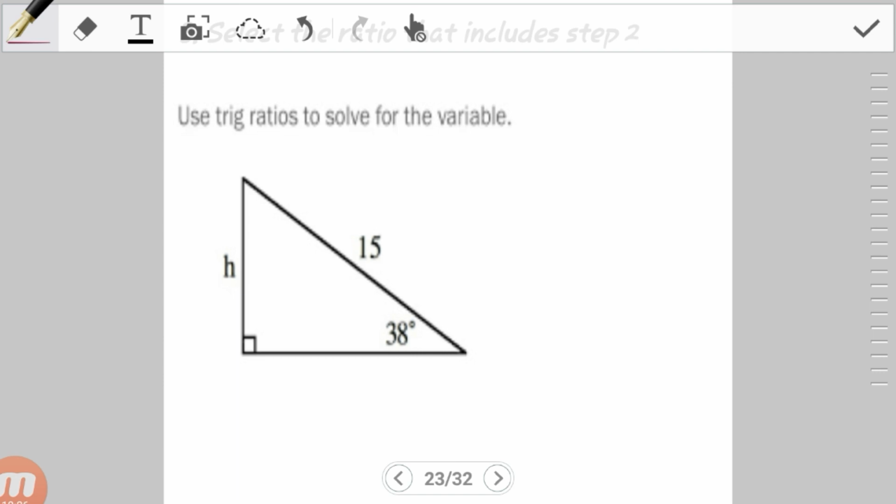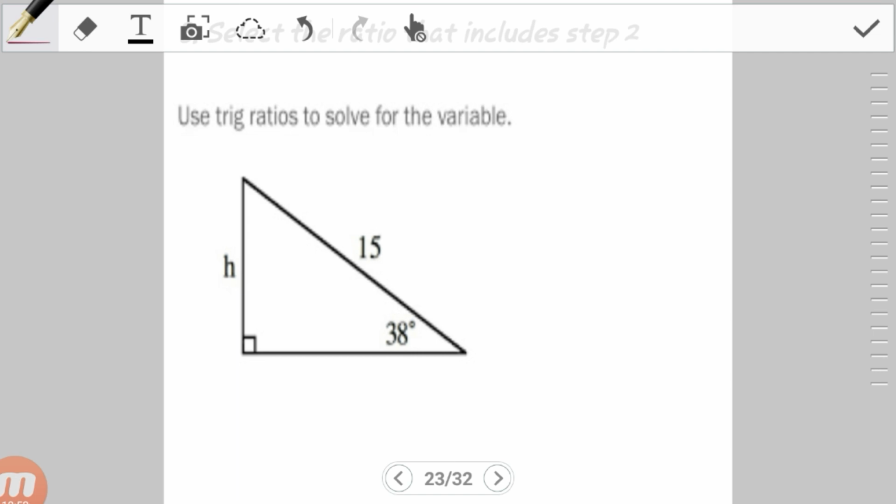Now, please understand, for this particular question, you're being told to use the trig ratio, but in a general examination, you are going to be the one that would have to see the diagram and evaluate should or should I not use the Pythagorean theorem, or should I use a trig ratio. So this particular question here is kind of giving you a clue. They're kind of telling you that it is a trig ratio that you have to solve.